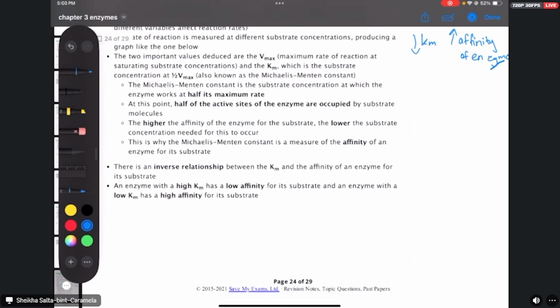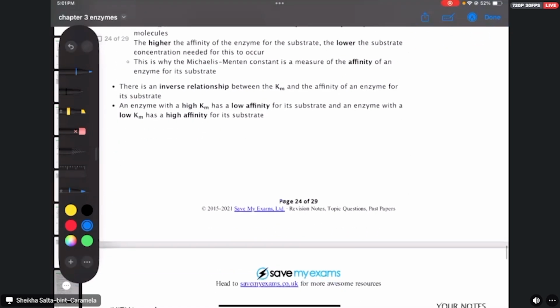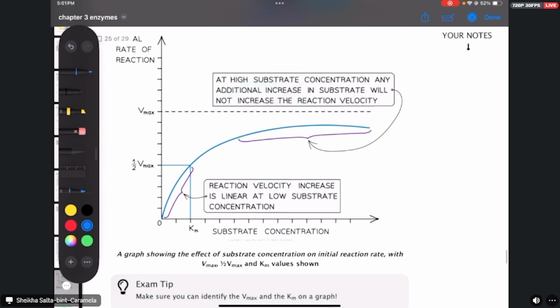It is explained well over here as well. When we need to compare different enzyme activities, we're going to use this method. So one activity for one enzyme is plotted here.